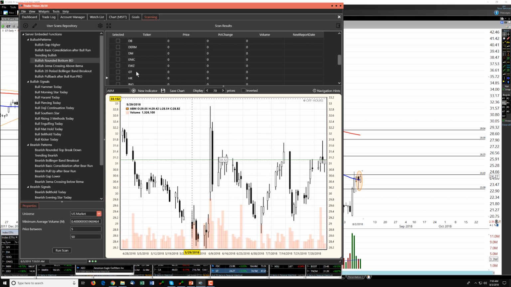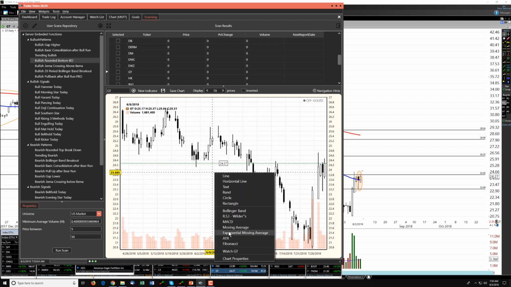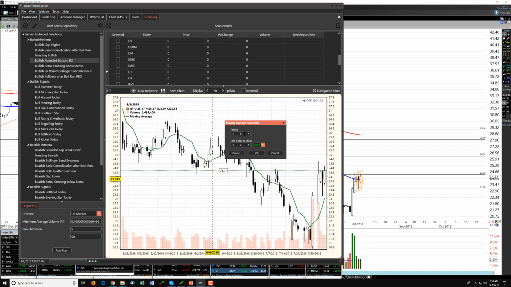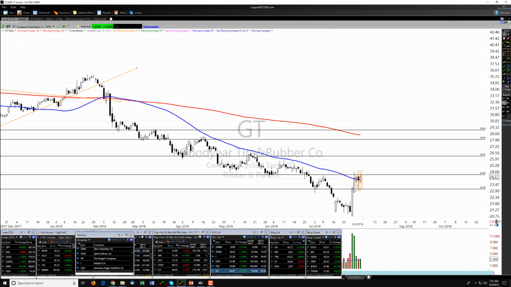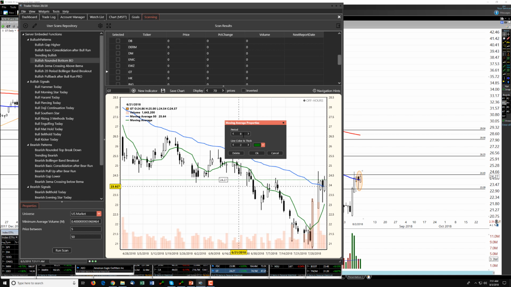That's the GT that I wanted to find. So there's the GT price. Let's put a moving average on it so you can see the rounded bottom breakout. Here's a 50 period. We'll make that blue. Good enough. And we'll add the 200 day as well. We'll make that one red.